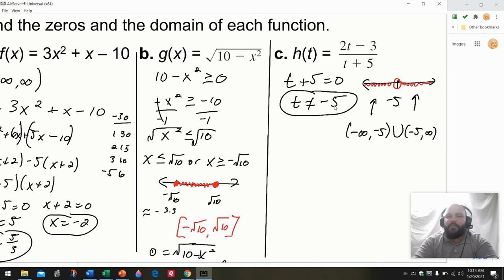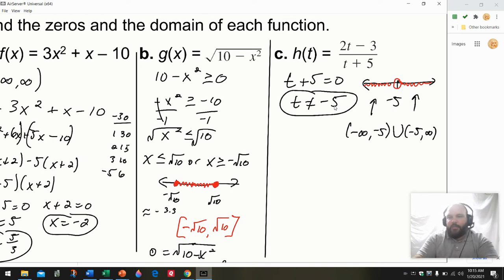That says the domain is a union of two sets of numbers: from -infinity up to -5, and then from -5 to positive infinity. And again, I want to stress, I used parentheses on the -5 because -5 is not allowed to be included. Up to, but not including.